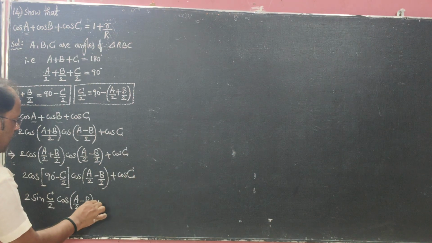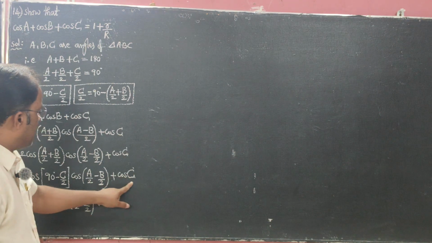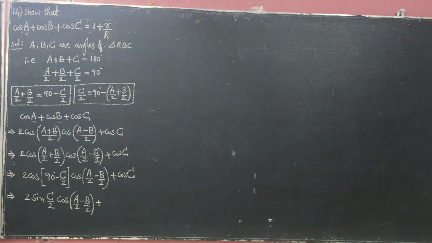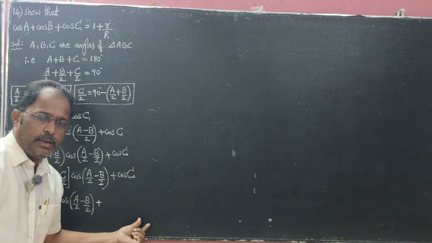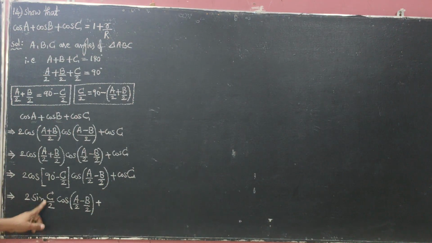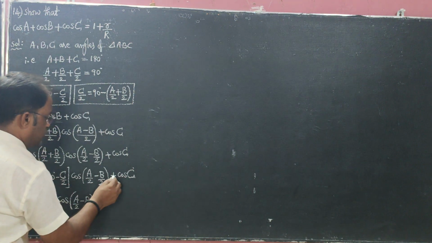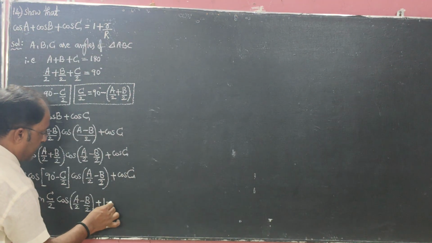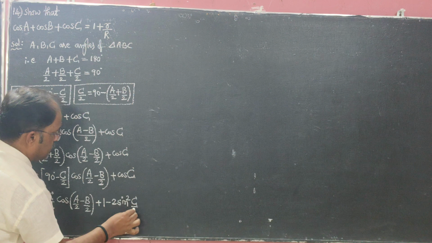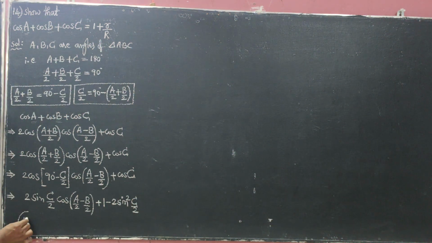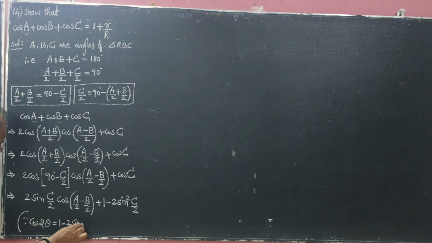Cos C, we have to write cos C in terms of sin C by 2, as we already used in the previous problem: 1 minus 2 sin square C by 2. The formula for cos 2 theta is 1 minus 2 sin square theta.